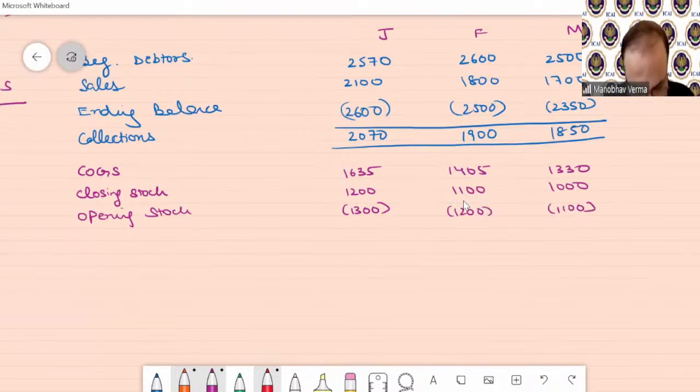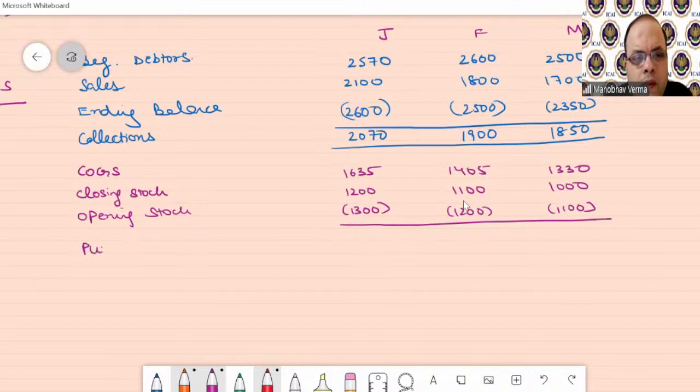So what we get is in terms of purchases. Everyone with me on this, guys? Till this point, everyone is in control, I hope.